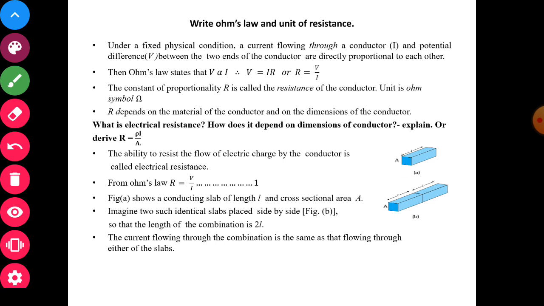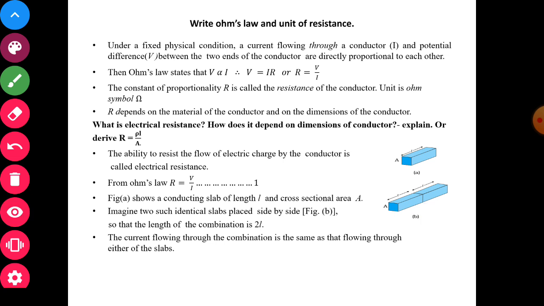But try to understand that if the voltage across the first was V, and the next is kept close to it, then the voltage across that also becomes V. So the total voltage will become 2 times V.